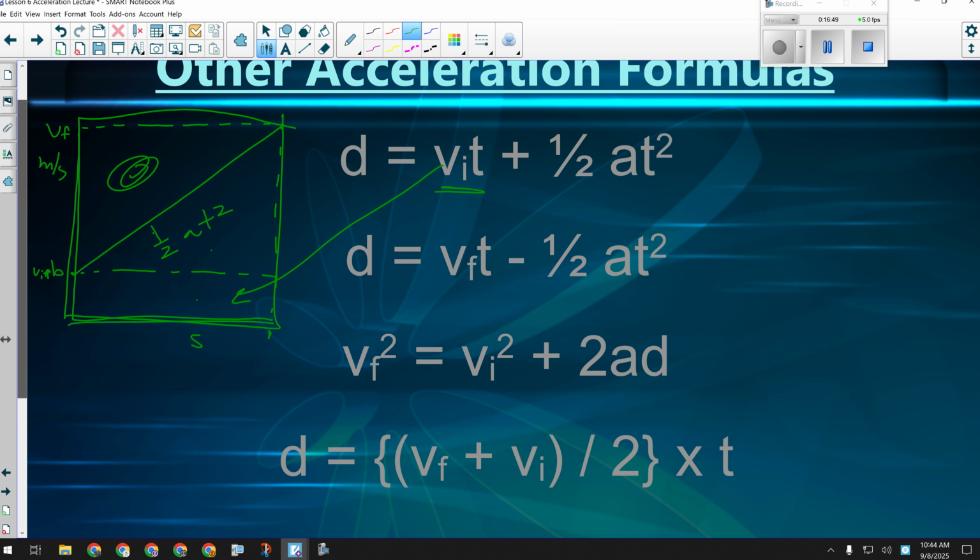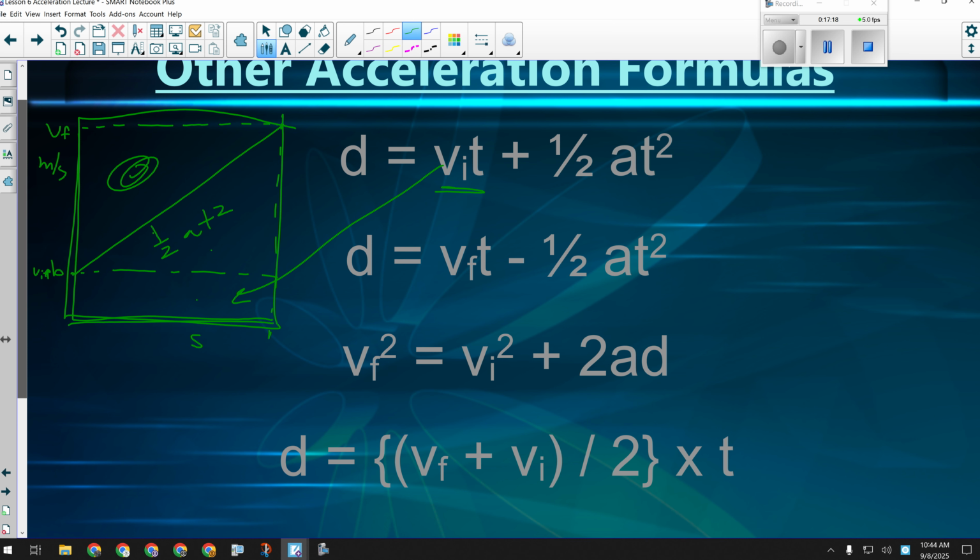Okay. So if you have a graph like this, which maybe we will on our lab on Thursday, that might come in handy. Okay, VF squared equals VI squared plus 2AD. Not going to talk about a graph for that one, but this one comes up a lot when we're talking about projectile motion, so an object flying through the air. Okay, what variable does it not have?